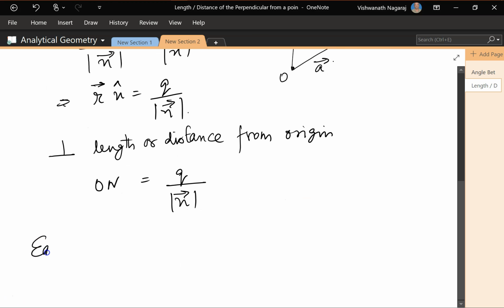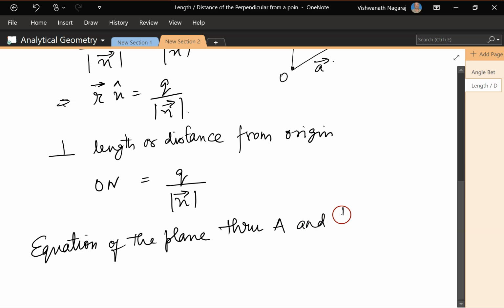Now, the equation of the plane through a point, in this case A, and parallel to the given plane.